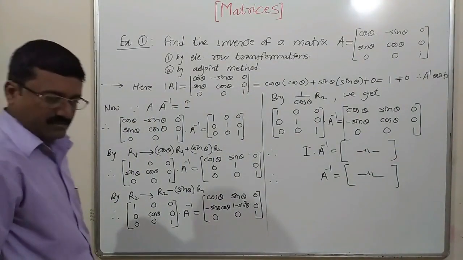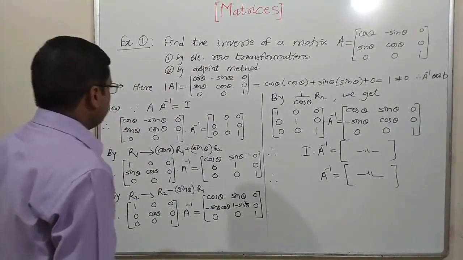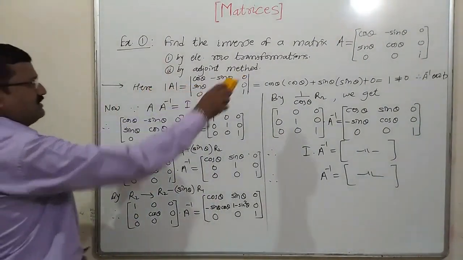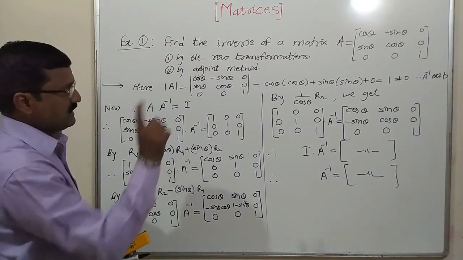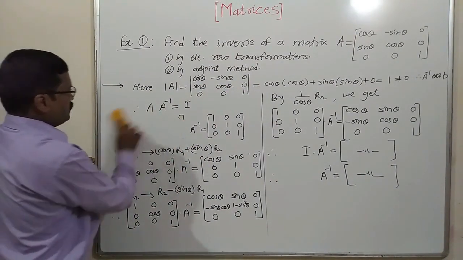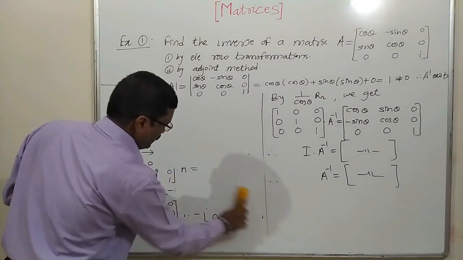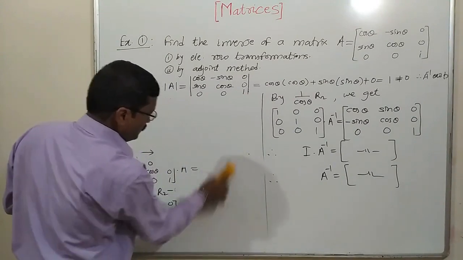Let us find the inverse of the same matrix by using the adjoint method. For that we need once again the determinant of A. Remember that answer. We will again reach that answer by the adjoint method. In the adjoint method we find minors, cofactors and then the adjoint.